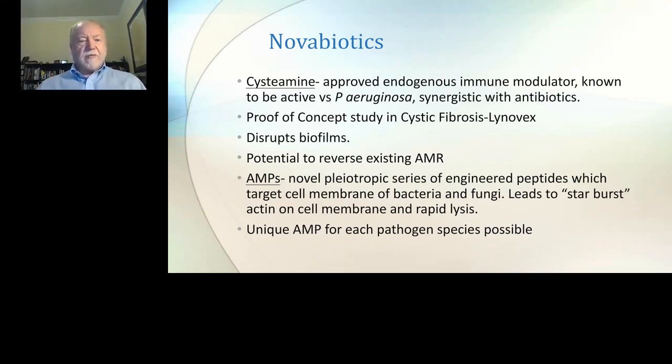The other platform that Novobiotics are looking at involves engineered peptides, and again, it's a little bit like the Spearhead program. They can actually engineer the peptide to specifically target the cell membrane of the bacteria and also fungi in this particular instance, and they describe a starburst activity on the membrane and rapid lysis, and they seem to be able to build the AMP, as it's called, the peptide, for each pathogen, as I mentioned before.